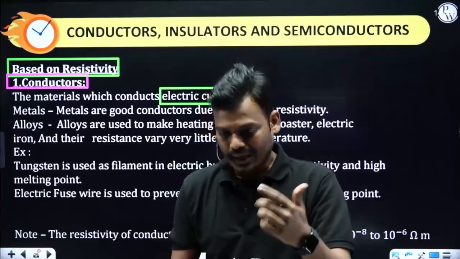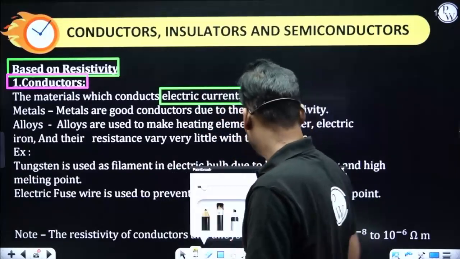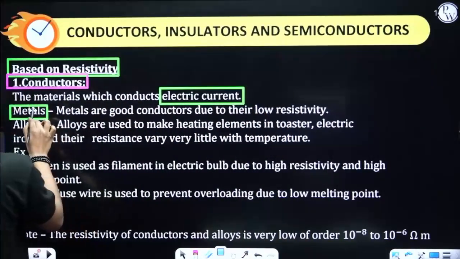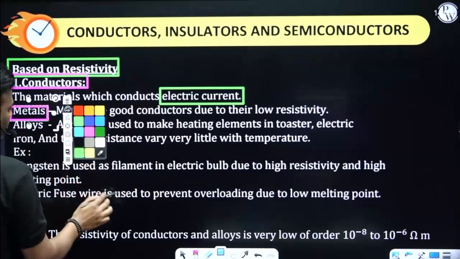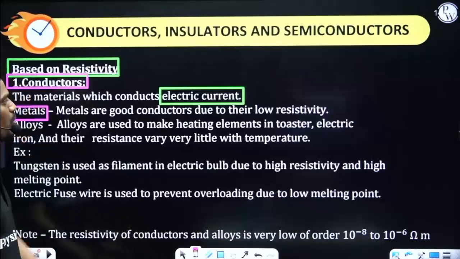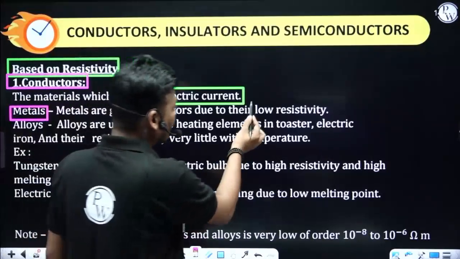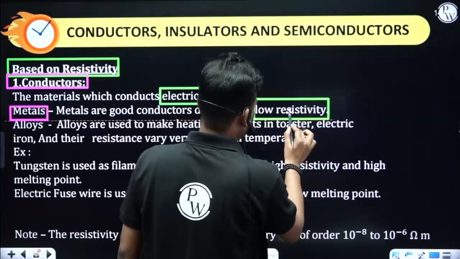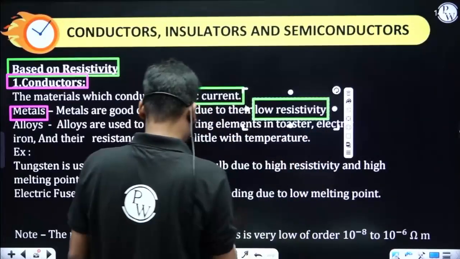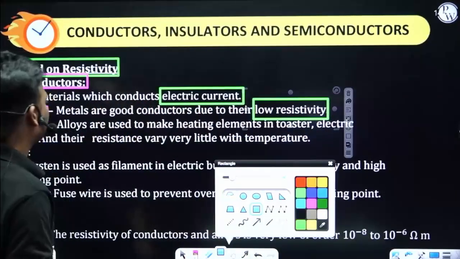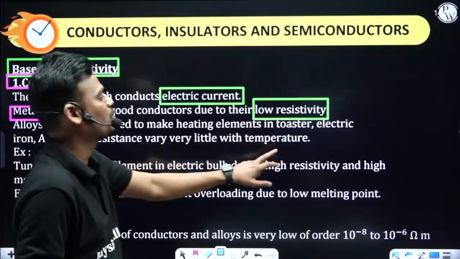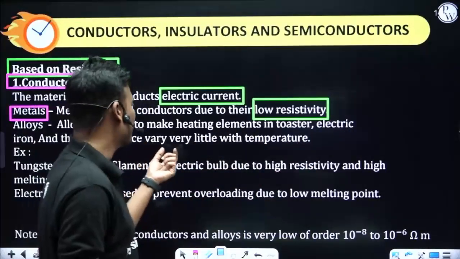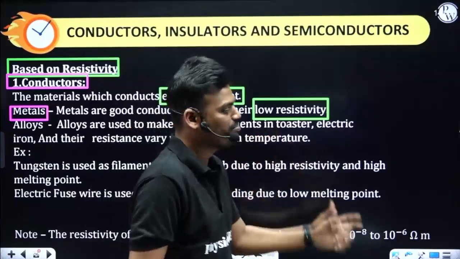Let's see one by one. First one, conductors: metals. Metals are good conductors due to their low resistivity. Then alloys are used to make heating elements in a toaster and electric iron, because their resistance varies very little with temperature.